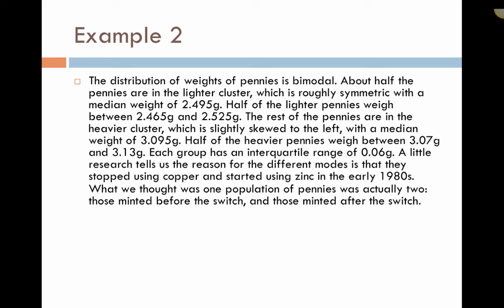This will end up giving us our IQR. The rest of the pennies are in the heavier cluster, which is slightly skewed to the left, with a median weight of 3.095 grams, where half of the heavier pennies weigh between 3.07 grams and 3.13 grams. Again, that will give us the IQR. This means that each group has an interquartile range of 0.06 grams.